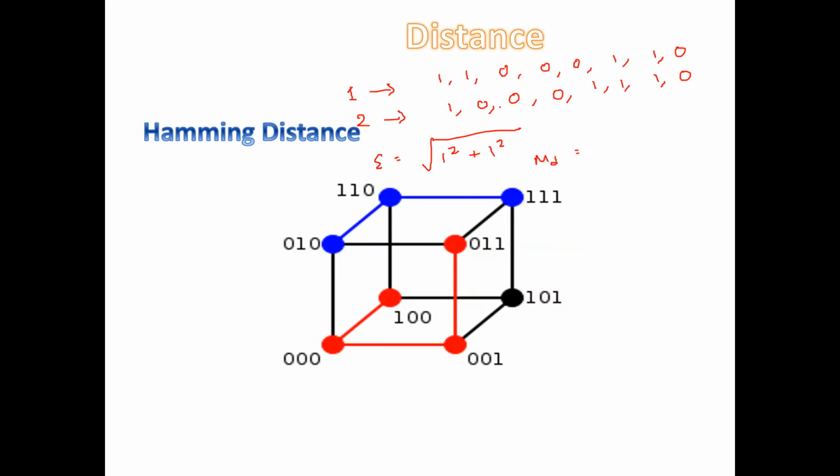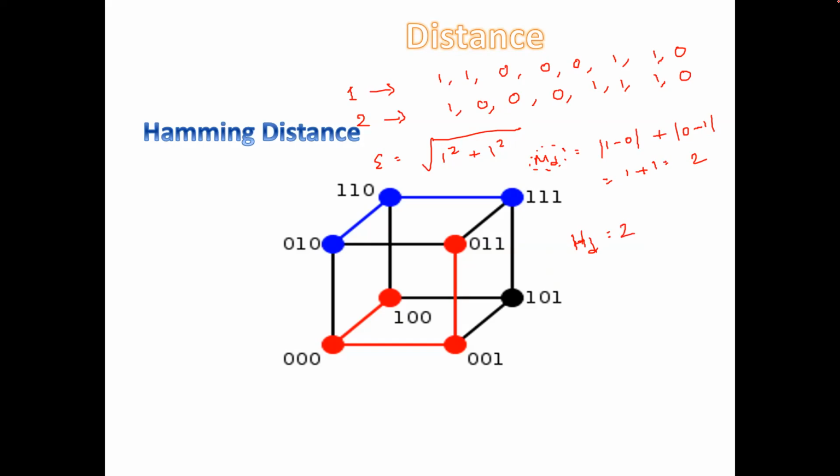Manhattan distance would be the mod of 1 minus 0, plus the mod of 0 minus 1, so 1 plus 1 is equal to 2. The same thing comes for Hamming distance. But Manhattan distance is applicable even if it is not categorical data. Hamming distance is applicable only when it is categorical data. It checks in how many positions they are not similar. This position it is not similar, this position it is not similar, so I put 2.